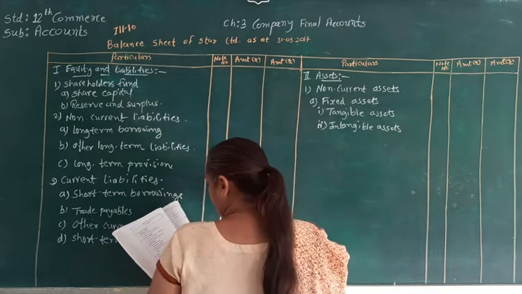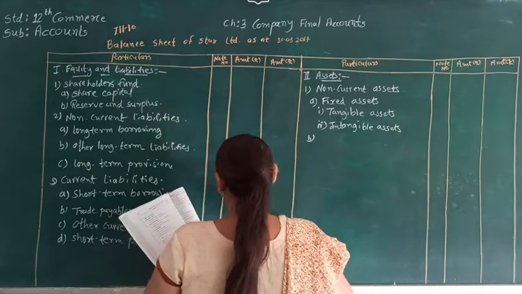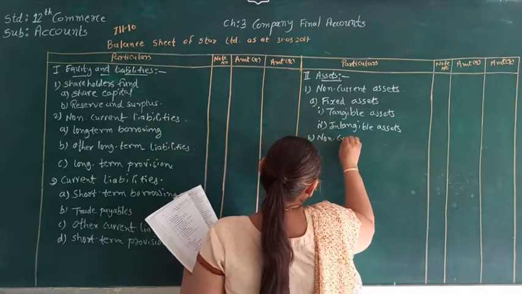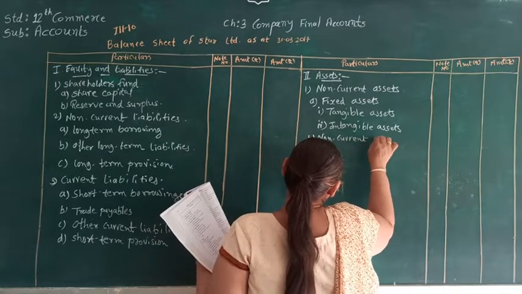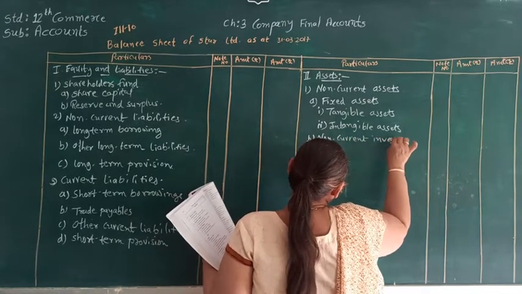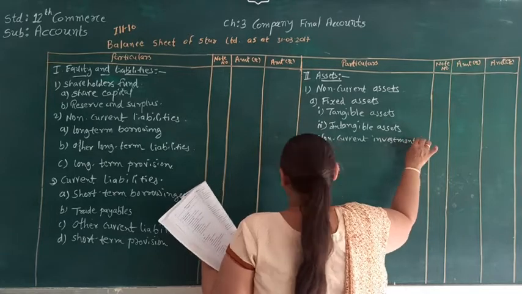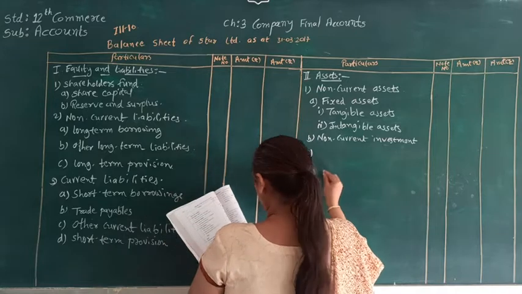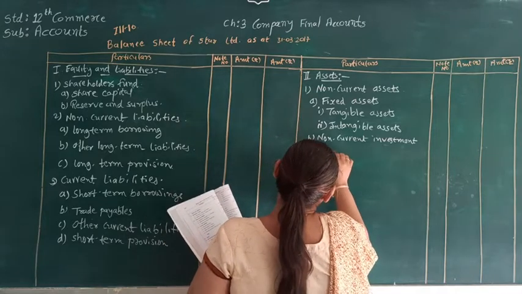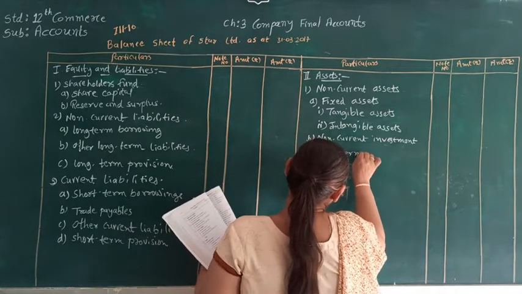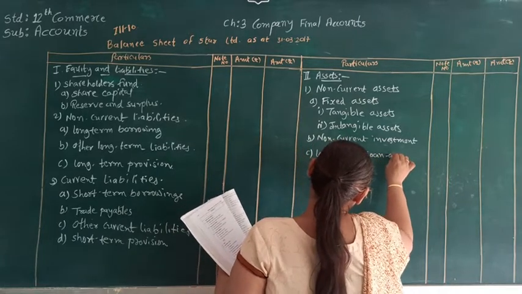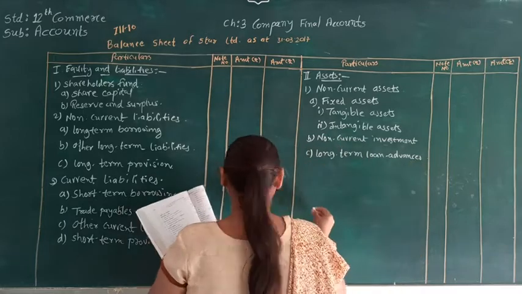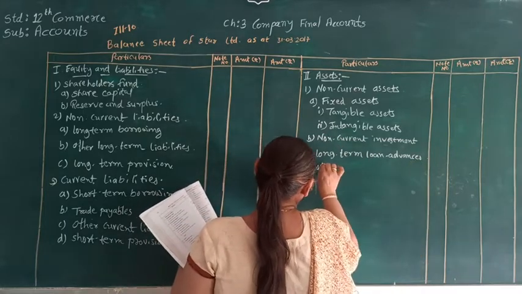After that, the second one is non-current investment. After that, the third one is long-term loans and advances. And the last one is other non-current asset.